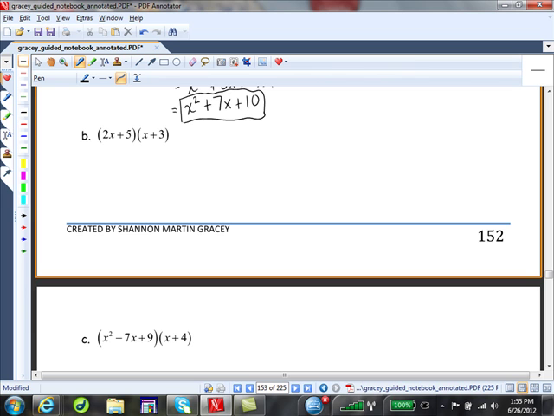All right, let's see how you did. Part B, I'll go ahead and start down here. Again, I'm going to hold the second binomial firm, and then we'll be distributing the 2x and then the 5. So we get 2x times x plus 3 plus 5 times x plus 3.